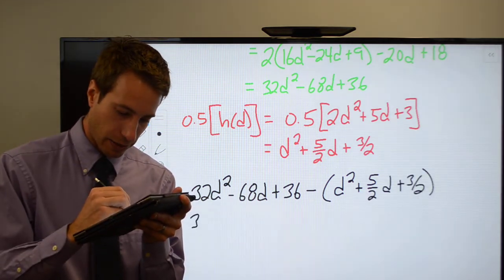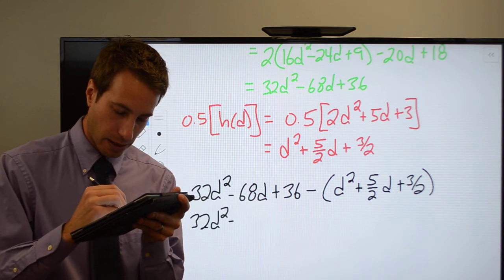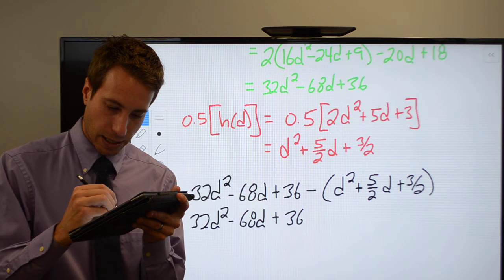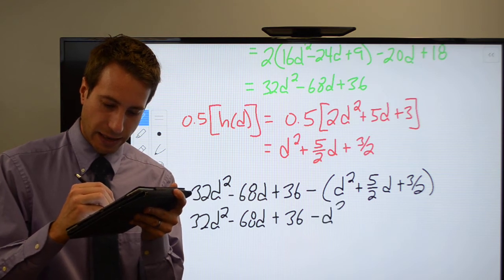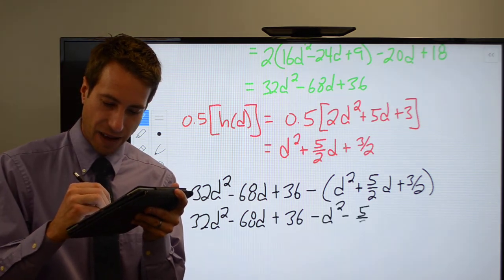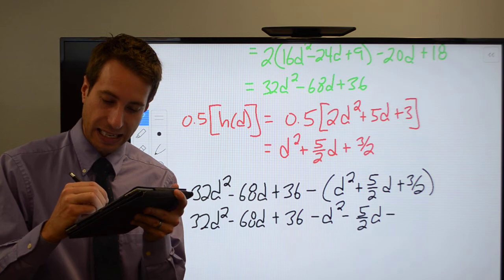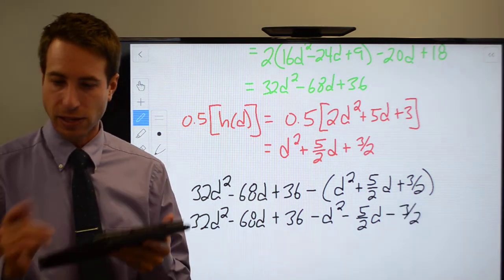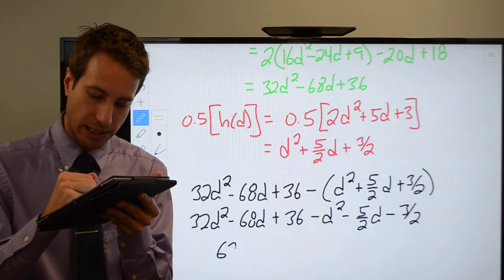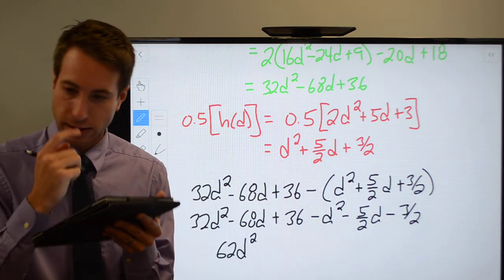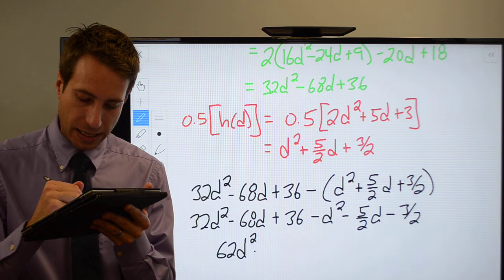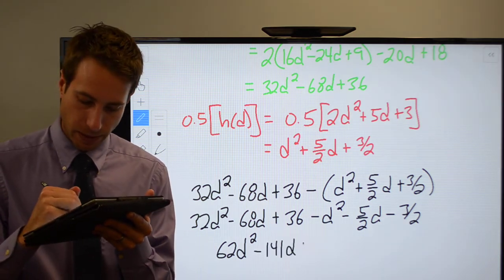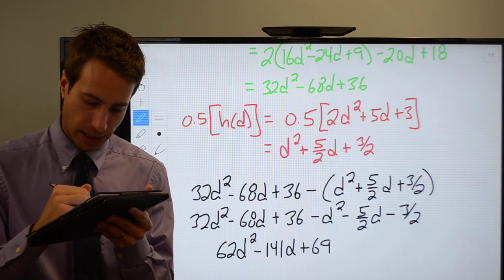Distribute the minus sign, 32d squared minus 68d. I distribute that minus sign, so now it's a negative d squared, a negative 5 halves d, and a negative 3 halves. Combine your like terms. Again, don't fat finger something on your calculator. You should come out with 62d squared minus 141d plus 69.